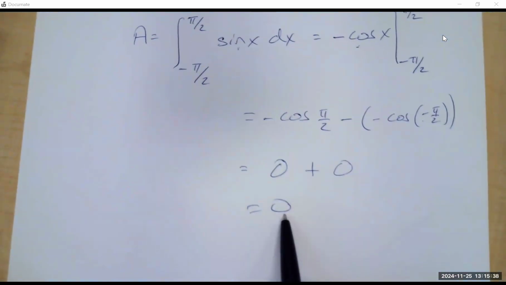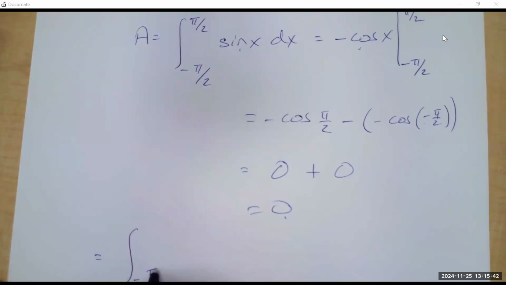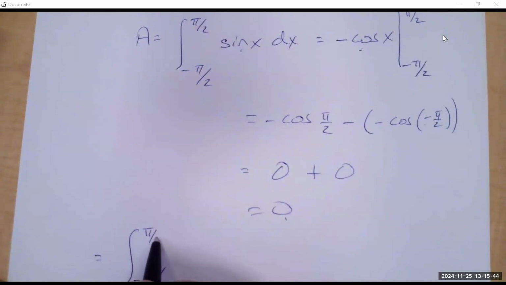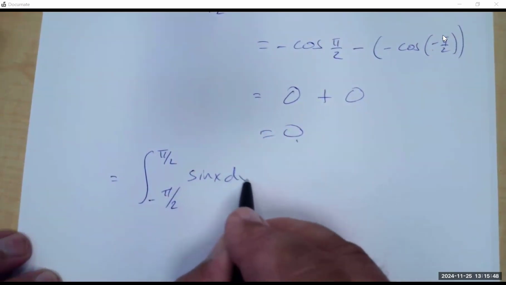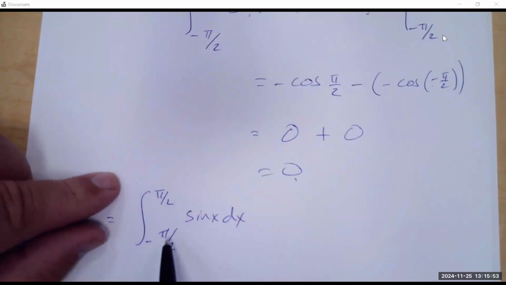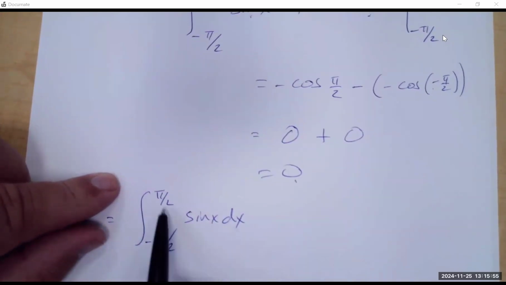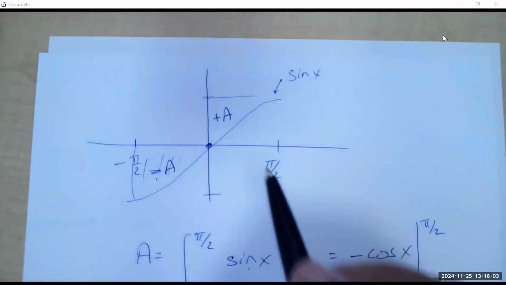And that's what this tells me. So what I would have to do, inside this domain, is find out: does sine x equal 0 anywhere inside that domain? Sine x equals 0 at 0.